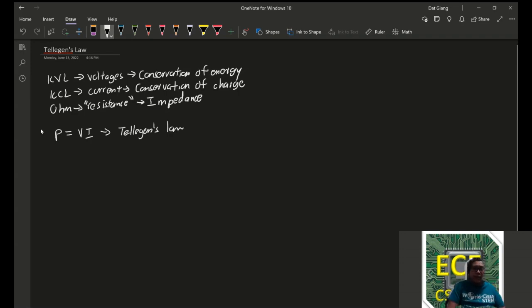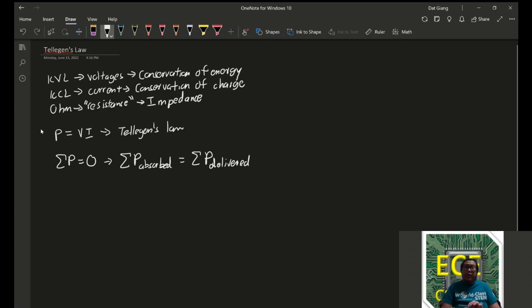Tellegen's law is an extension to KVL and KCL, but applied to power. It states that the sum of all power is equal to zero. Similar to the conservation of energy, the sum of all power absorbed is equal to the sum of all power delivered.